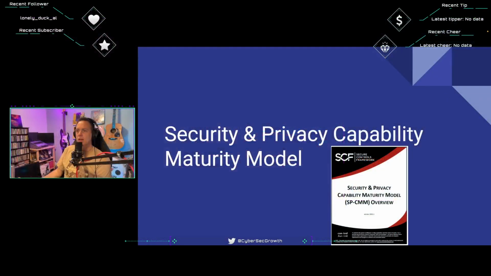There are likely many other use cases that the SPCMM can be used for, but those three objectives listed above drove the development of the project. The reason for this simply comes down to a need by businesses, regardless of size or industry, for a solution that can help fix those three common frustrations that exist in most cybersecurity and privacy programs.